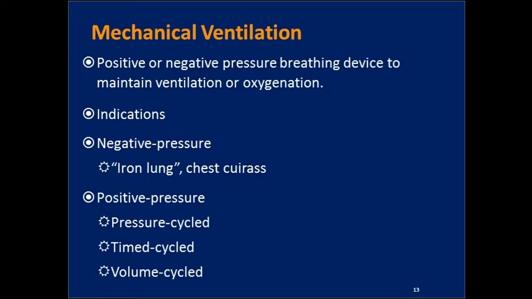Most of the time your negative pressure ventilators are long-term. They're used for long-term ventilation, usually in patients that have neuromuscular disorders. They're used at home a lot of times.